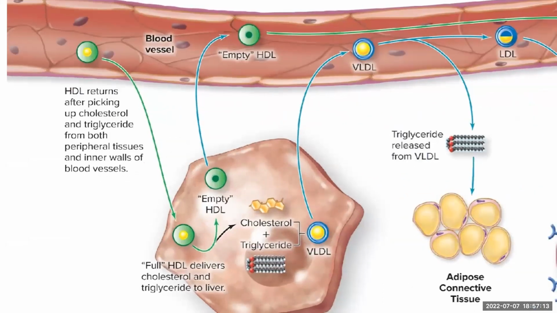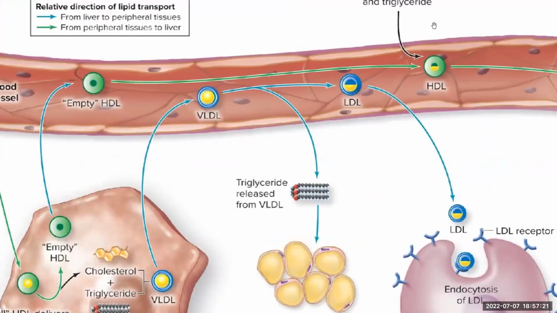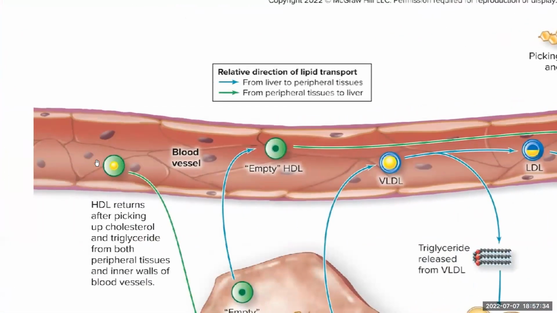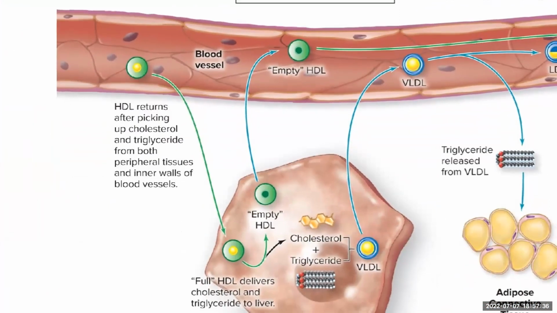So here you can see the liver just made its HDL molecule, pushes it off into the bloodstream, it circulates around, it starts filling up on stuff. Maybe it picked up some triglycerides and some cholesterol that were in some tissues or just floating around the blood for all we know. And so it goes around, fills up, and then goes back to, think of the liver like a dumping station, right?